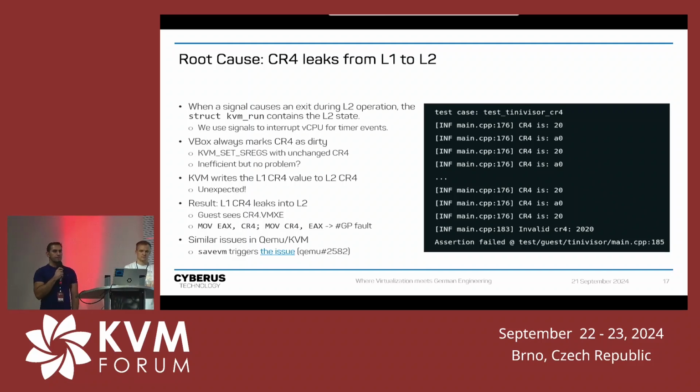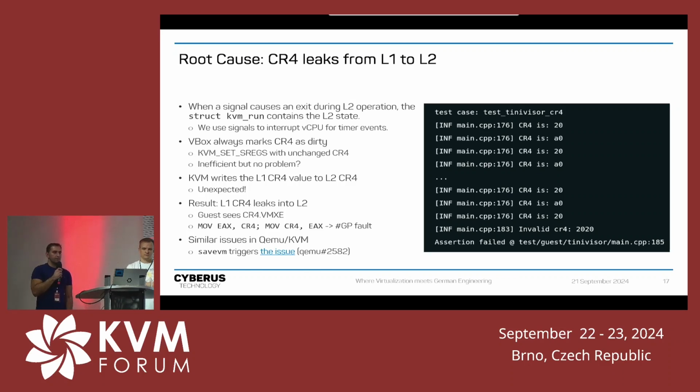In the case of KVM, if we get a VM exit in the level 2 guest, then we also have the register state of level 2 in the KVM run struct.